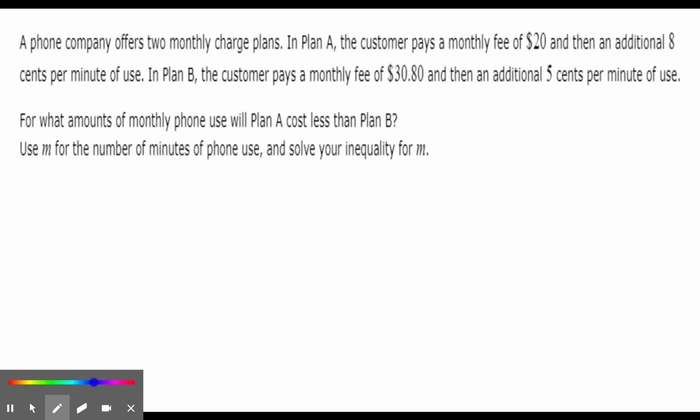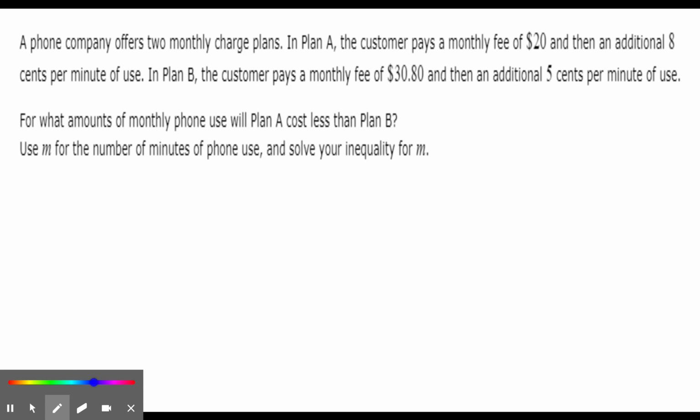Okay, next up. A phone company offers two monthly charge plans. In Plan A, the customer pays a monthly fee of $20 and then an additional 8 cents per minute of use. In Plan B, the customer pays a monthly fee of $30.80 and then an additional 5 cents per minute of use. For what amounts of monthly phone use will Plan A cost less than Plan B?